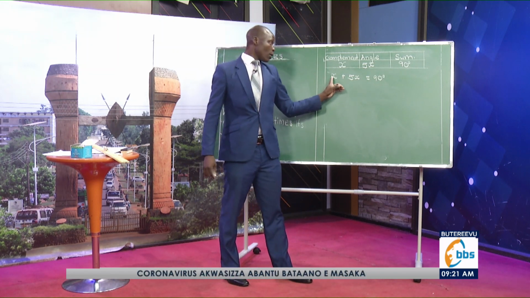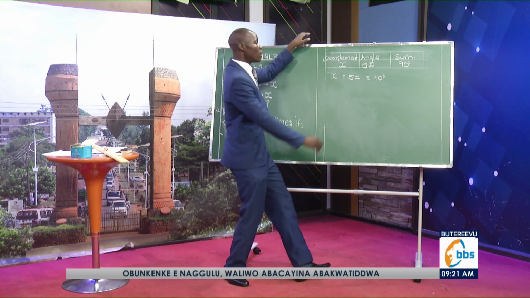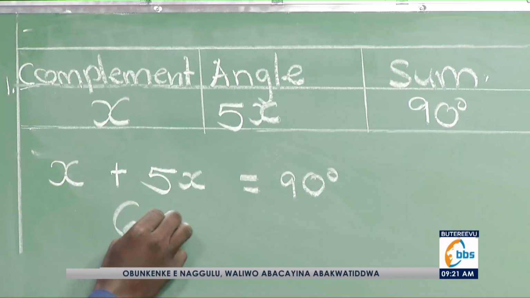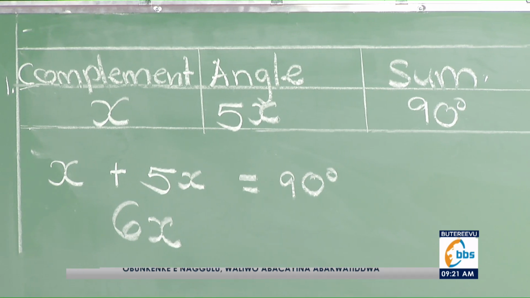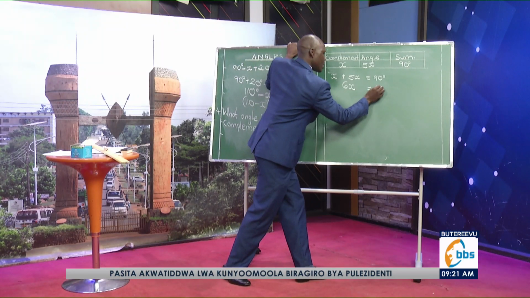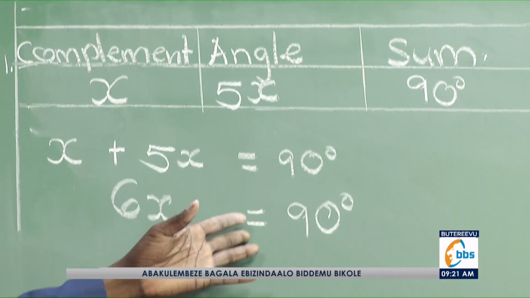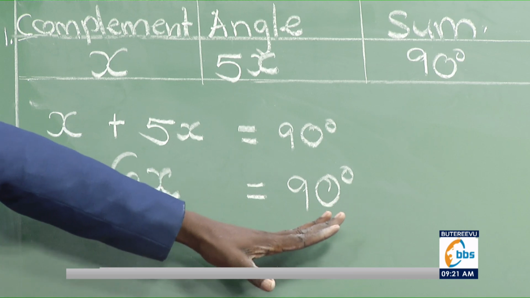So 1x plus 5x, these are like terms, we shall end up with 6x, which gives us 90 degrees. 6x gives us 90 degrees.